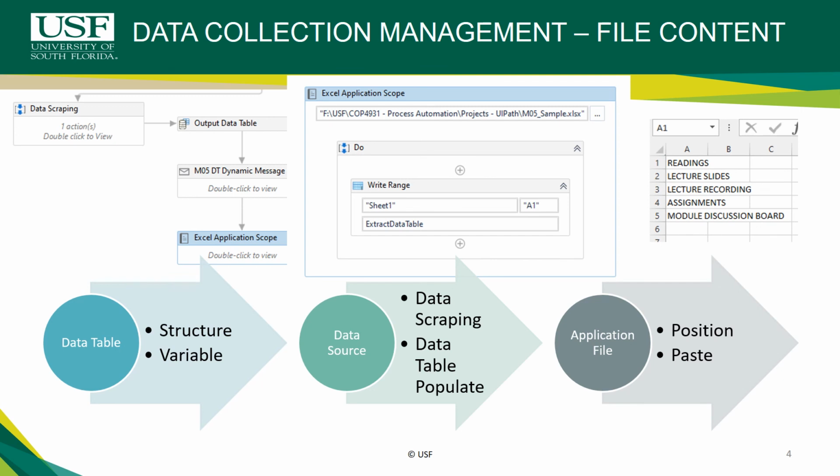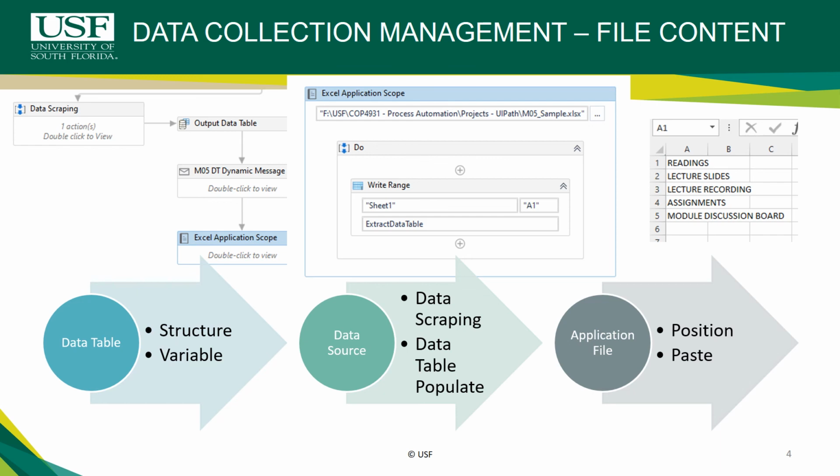Our destination is going to need to have the positioning. Again, where is our anchor point? Is this a relative anchor point or is this an absolute? Are we always going to start at position A1 in our spreadsheet? Or is it relative?